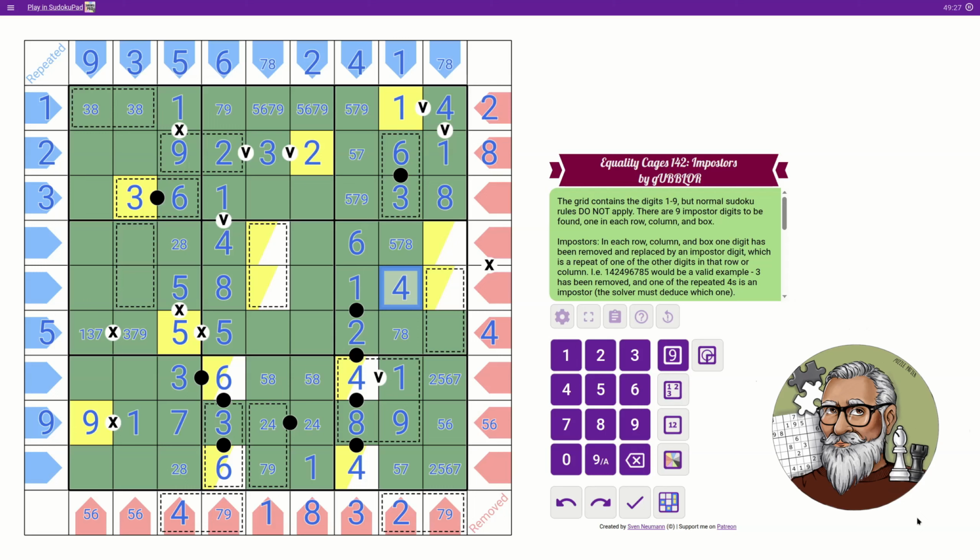Just have to stay awake. So 4. I do need a 4 here and I need a 4 there, right? Again, I have no idea if that's worth it or not, but I do.